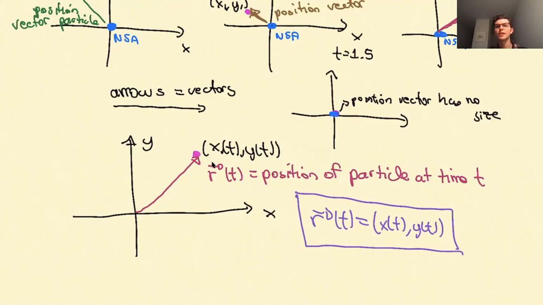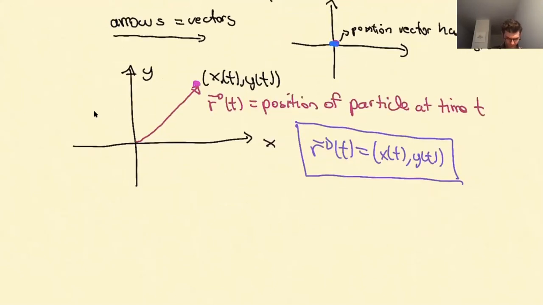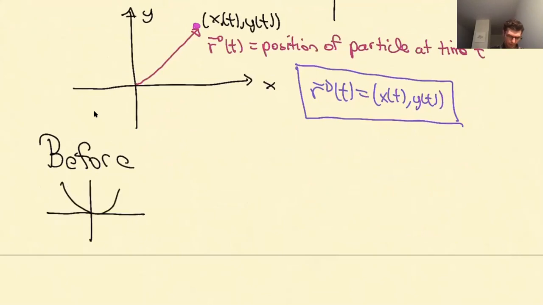So I'm just saying that now we think that both x and y depend on time. This is the way to write that, to emphasize that. Before, when you had something like y equals x squared, the way in which you thought about this was that y was a function of x. Here y is a function of x, right?